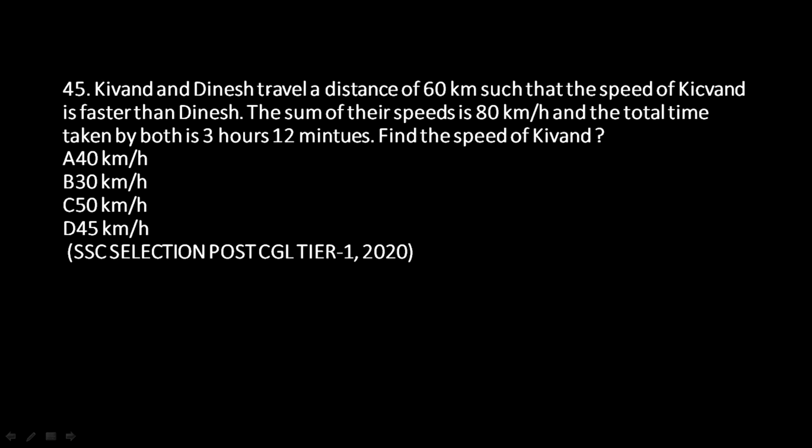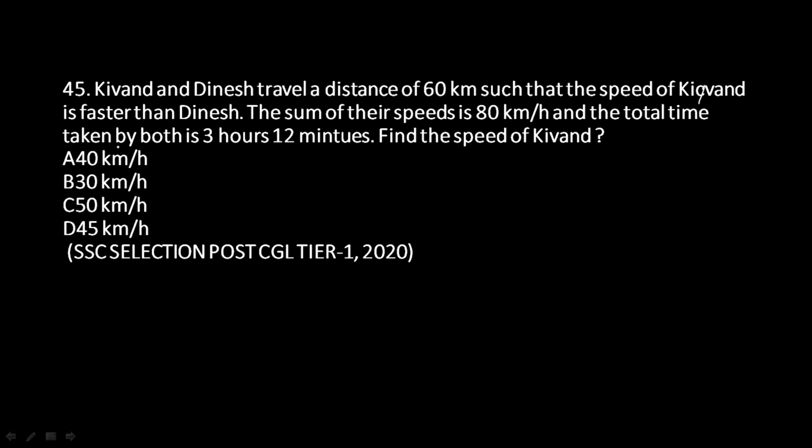Given that Dinesh travels a distance of 60 km, and Kivan is faster than Dinesh. The sum of their speeds is 80 km per hour and the total time taken by both is 3 hours 12 minutes. Find the speed of Kivan. So how will you solve it? Look at it carefully.